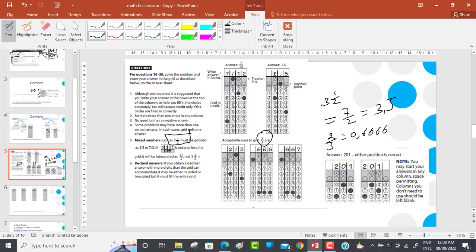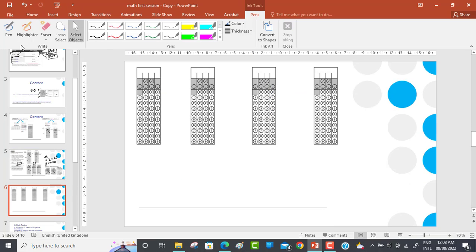As we said, you can write 2.5 starting in any column, as long as the grid contains your answer. If you got the answer 5/13, you can grid 5/13, and it's better to write your answer above the grid.